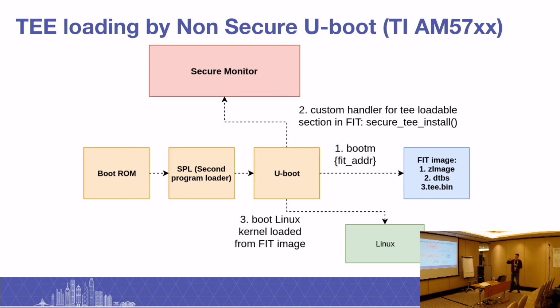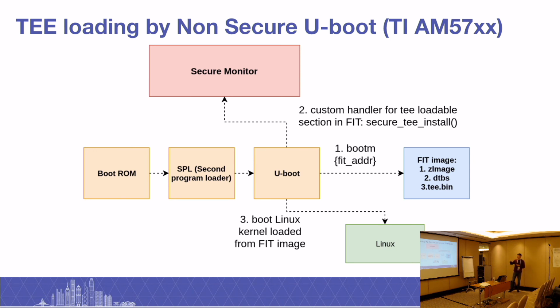So, how it looks. In this case, the boot ROM registers its own vector table in the MD bar. It verifies SPL first, then SPL verifies the next U-boot binary. It calls this boot ROM, which is now acting like a secure monitor, and asks it to verify U-boot.